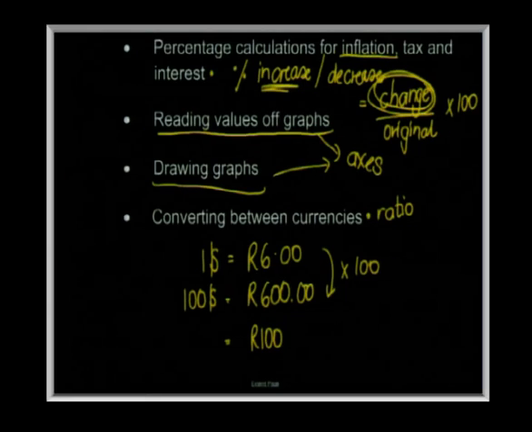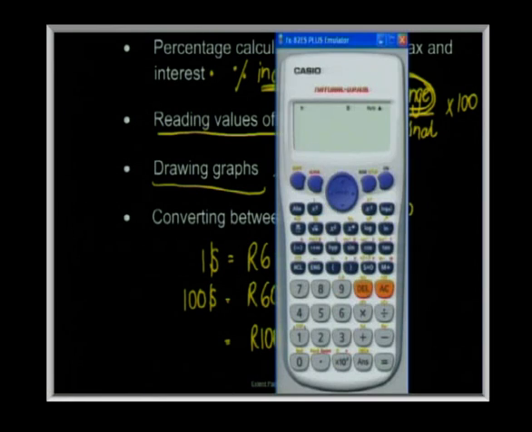If I had 100 Rand, I would then have to work back and find out, well, how many sixes are there in 100? And then I would work out my dollars. So the best way of doing that is a calculator.